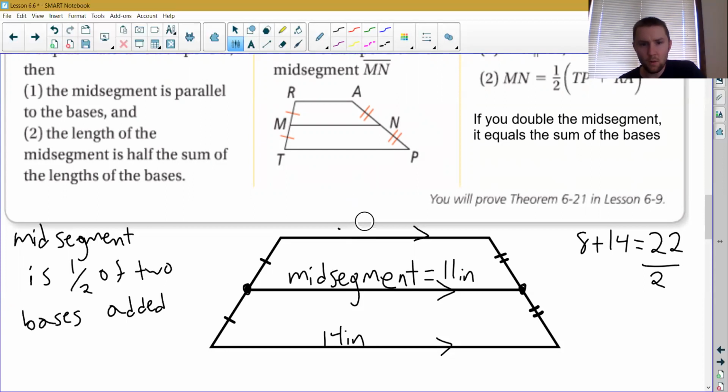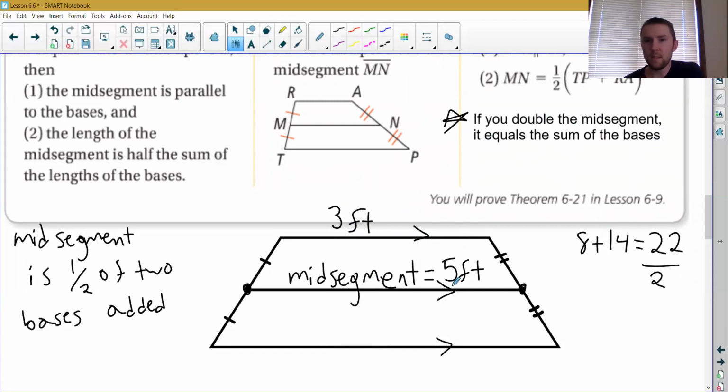We can also use the length of the midsegment and one base to find the other base. So for example, if I know that the midsegment length is 5 feet, and I know that this top base up here is, let's say, 3 feet, I can figure out what this base length down here is because remember, if you double the midsegment, it equals the sum of the bases.